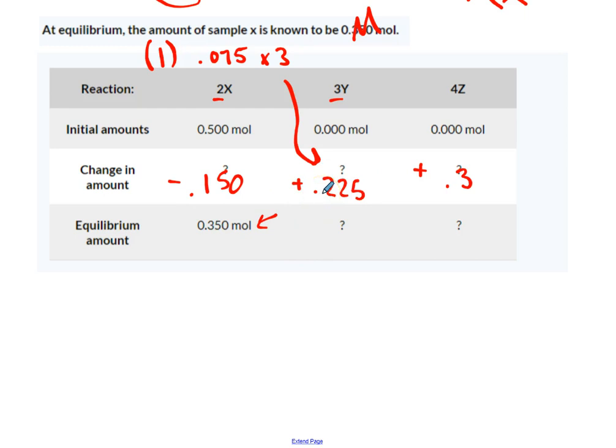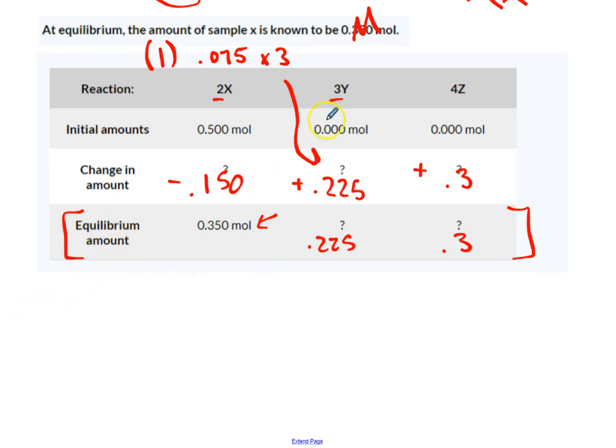It's the same thing as multiplying by 3 and dividing by 2, but I struggled with that when I was your age, so I would always convert it to what it would be if it was a 1 and distribute that all the way through. Now we're super ready to go. I take my initial and add my change, which gives 0.225 and 0.3. And now I have the concentrations at equilibrium right here, and I'm ready to roll.